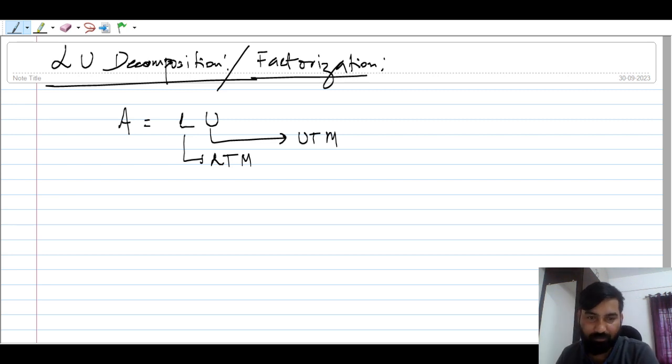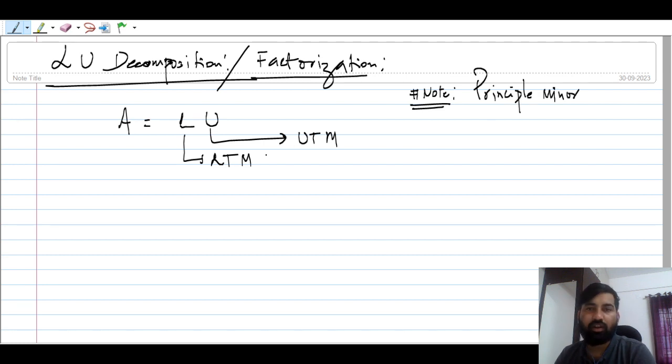The very important point, you have to remember this point. You can say note: any matrix whose principal minors must be non-zero.